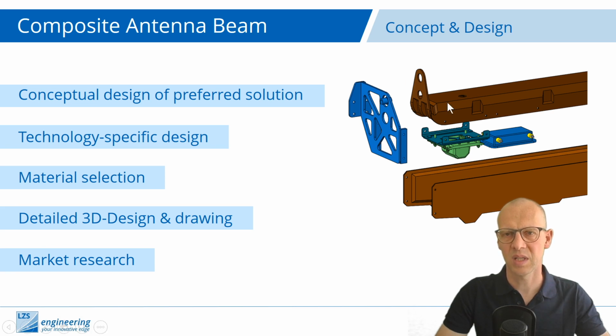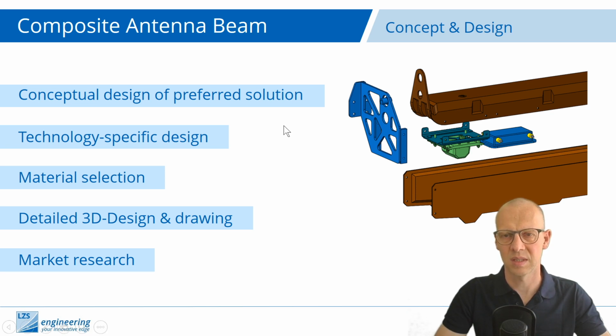We have a semi-integral main part, and the major challenge of the mechanical loads, the impact, we moved outside of the scope and said, okay, in front of the antenna beam, we will have some kind of impact protection sheet. And with that done, we could go into a technology-specific design, we could run the final material selection, and we could do the detailed 3D drawing and design.